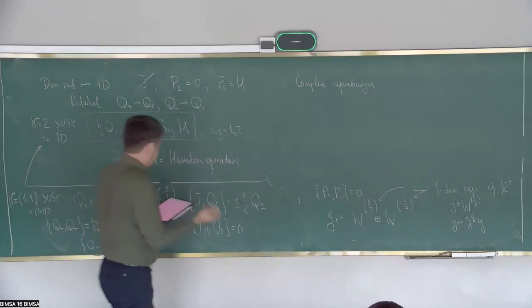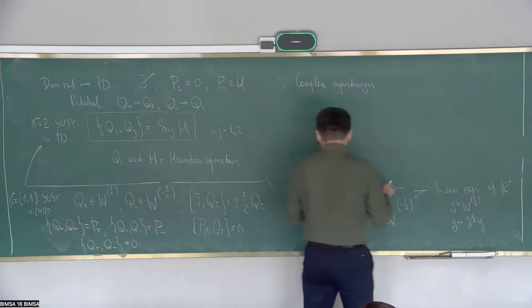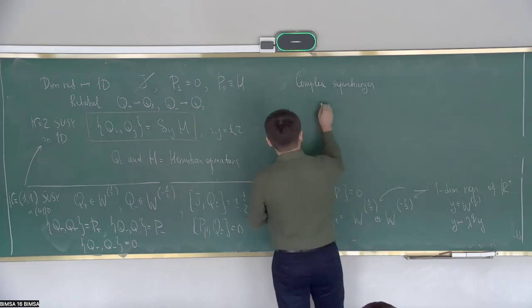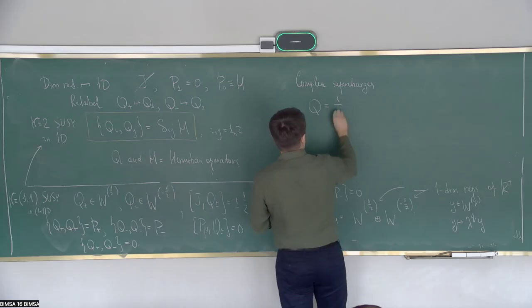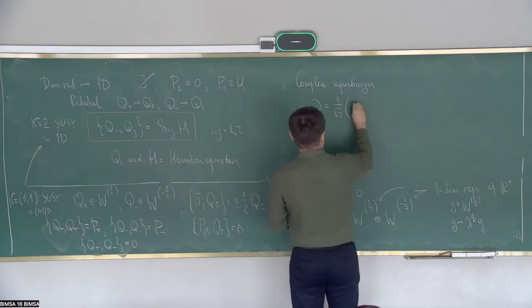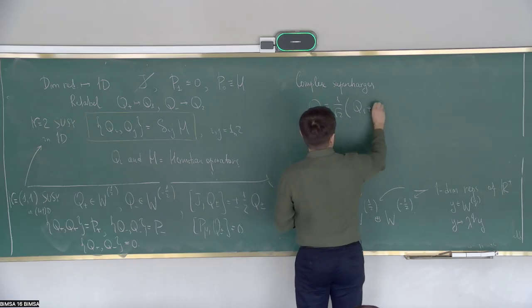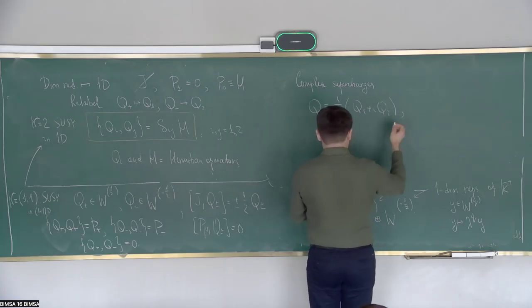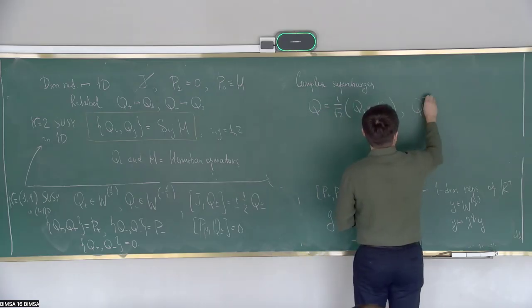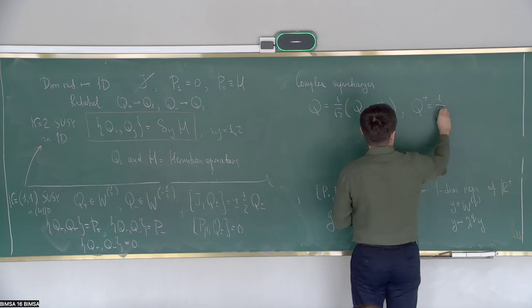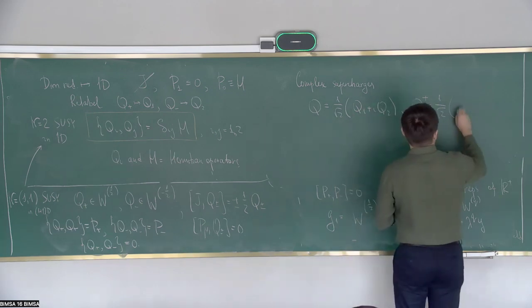We can also construct complex supercharges just by taking linear combinations. So we take Q = (Q1 + iQ2)/√2, and then the Hermitian conjugate Q† = (Q1 − iQ2)/√2.